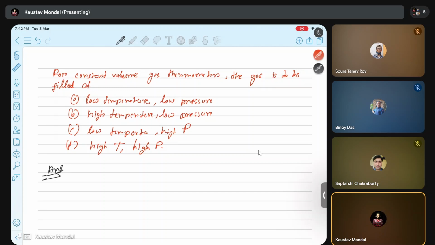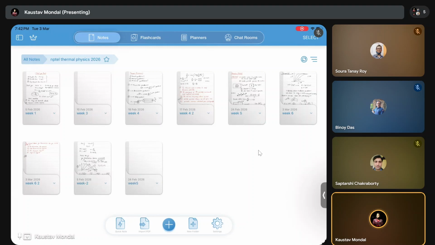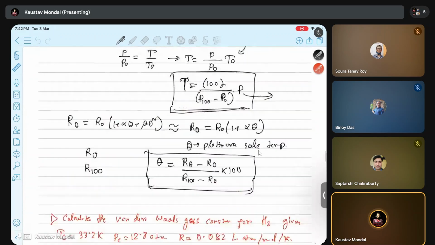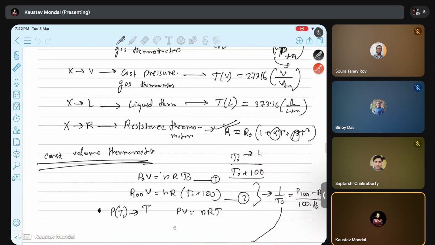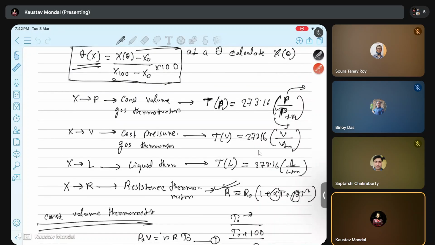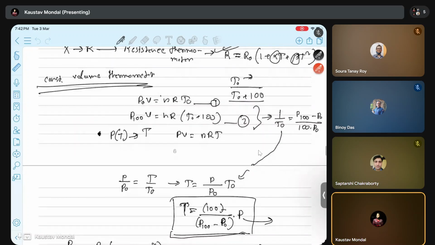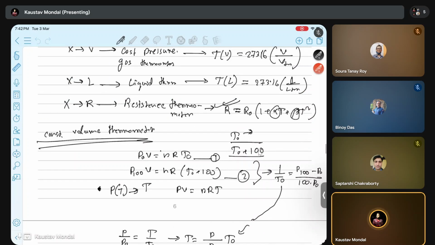But during the formulation of this temperature from the thermometric property, here we basically consider the gas to be ideal. So here, as you can see, we have used the equation of ideal gas.